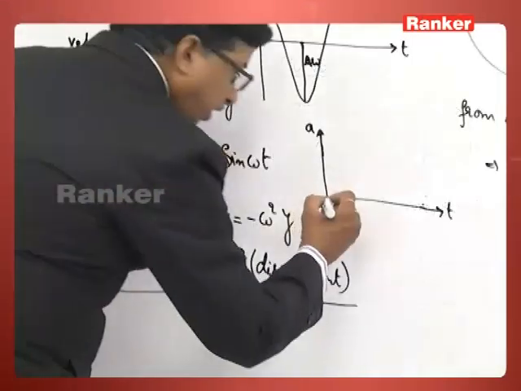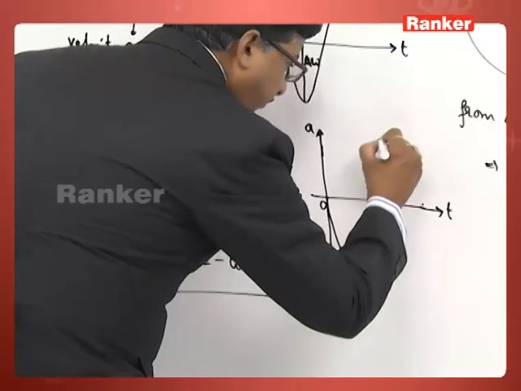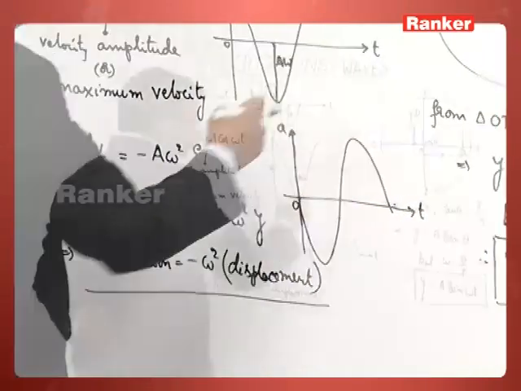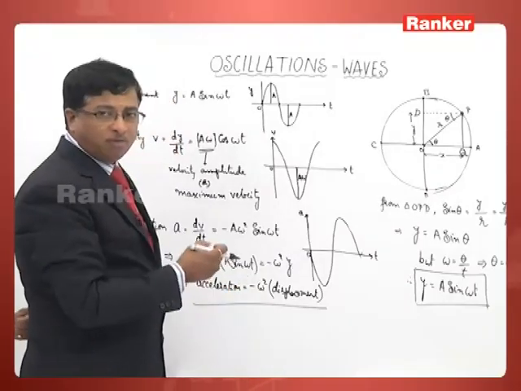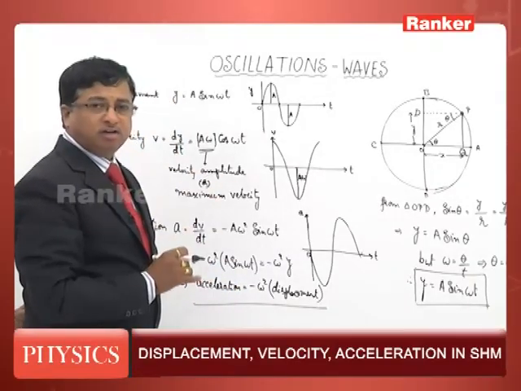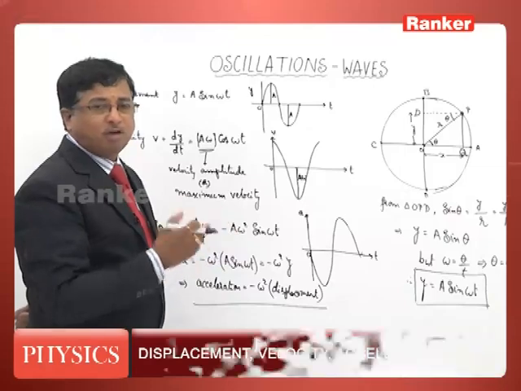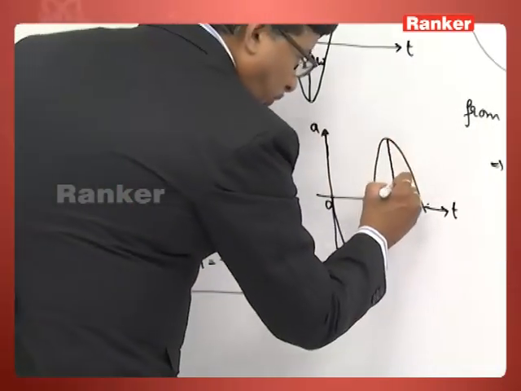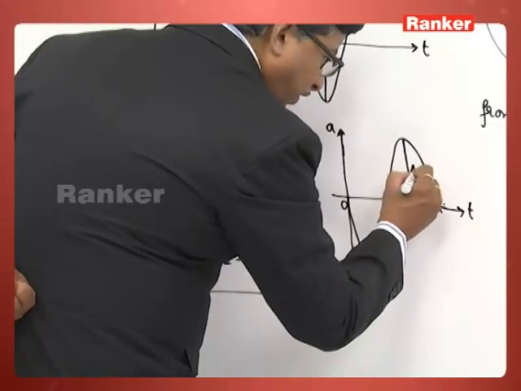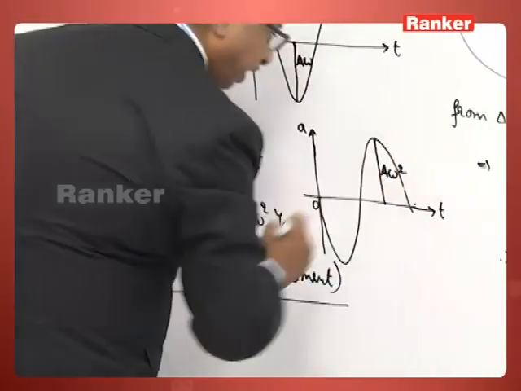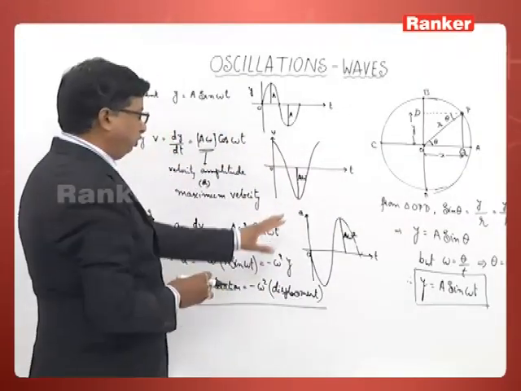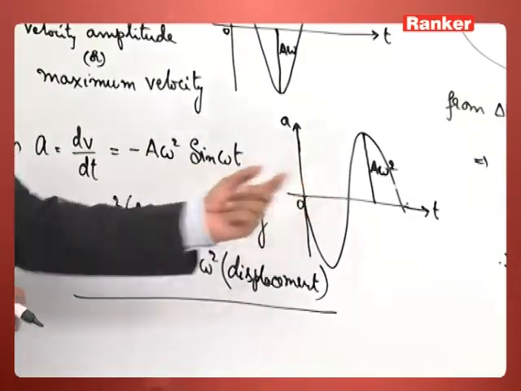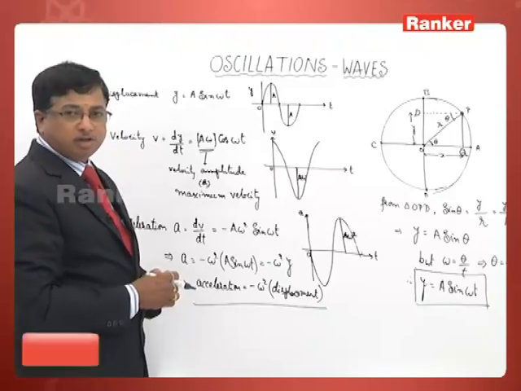Therefore, you will get a graph like this: first trough-like and then crest-like, but of course it is not a wave. We are talking of a graphical representation which looks like a wave. That is the only point. If you take the amplitude in this particular case, it now becomes a omega square. So this is the equation for it and this is the graphical representation for it.